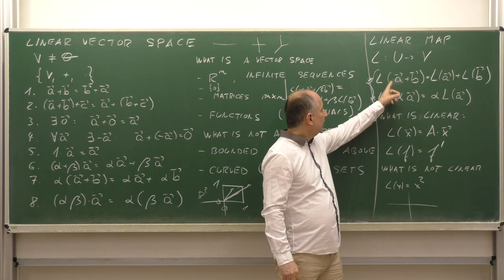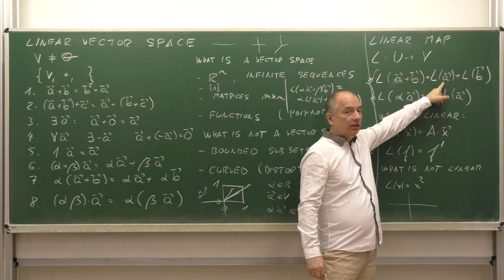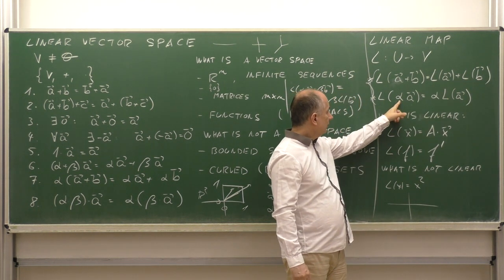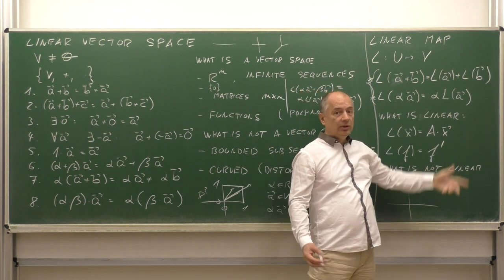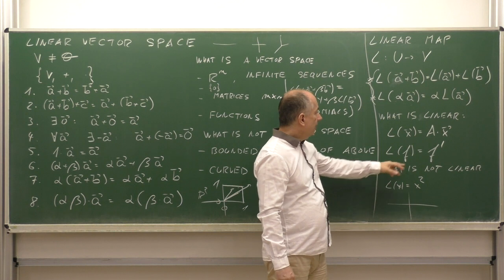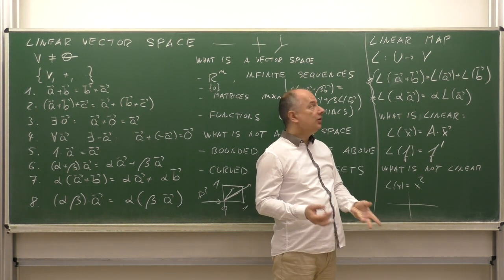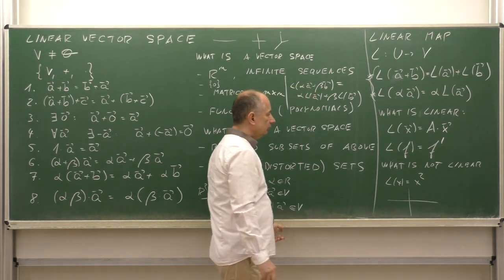Well, you know that if you differentiate two functions, the result is the sum of the derivatives. And if you take a constant times a function, then the derivative is the constant times the derivative of the function. So the derivative as a map, as an operator, is an example of a linear map, a linear operator.